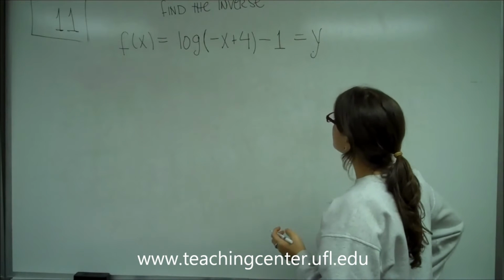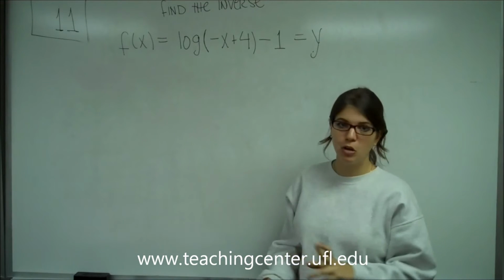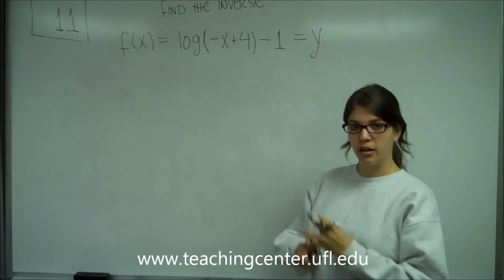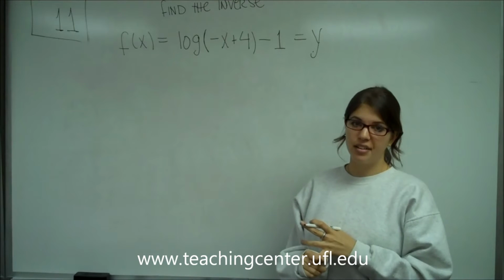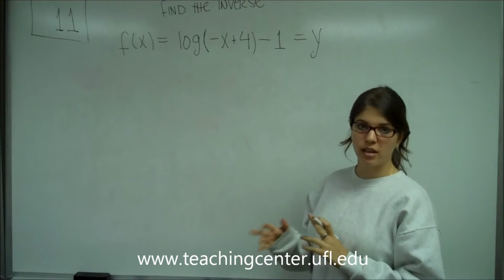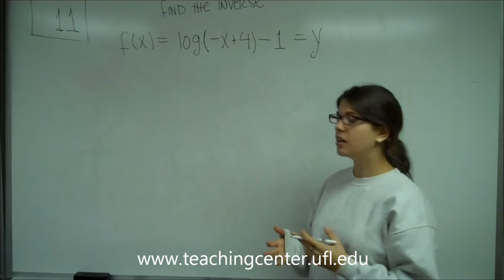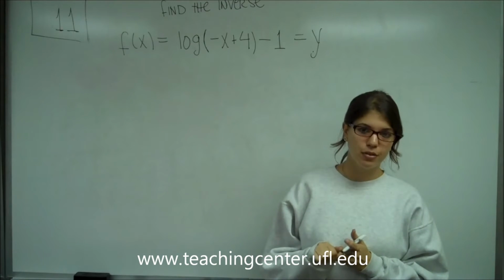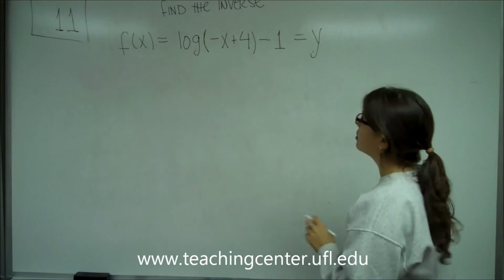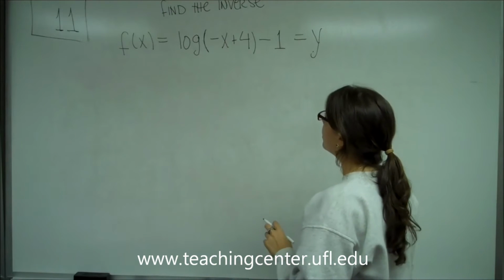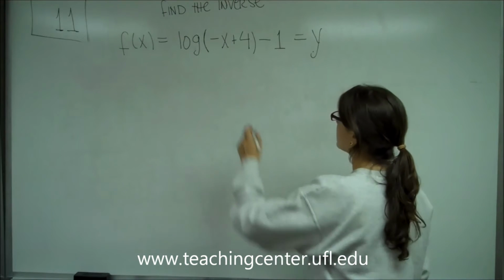So to do this problem, we need to know about the definition of the logarithm and being able to solve logs by raising the log to its adequate base and that kind of thing. And then we also need to know about inverses, which is what I basically explained, having to switch and solve for the other variables. So in this case, I'm going to solve for x.